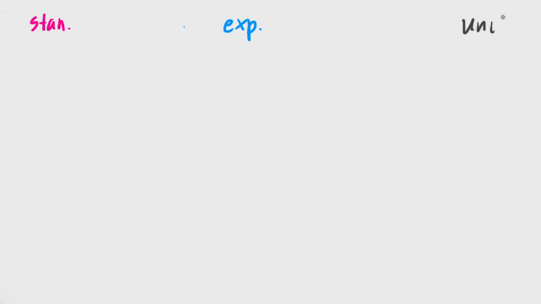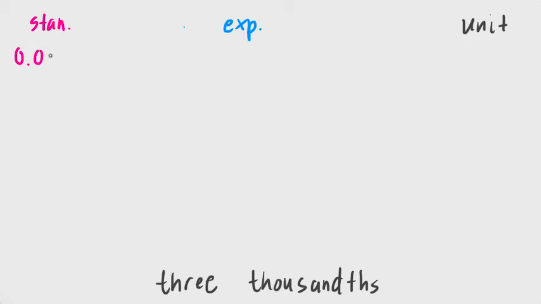Now I'm going to change it, and I'm going to say 3,000ths. So we have 3 of them now. How did that change our standard form? Well, the standard form is going to look very similar, but with a 3: 0.003, which is also equal to 3 over 1,000.